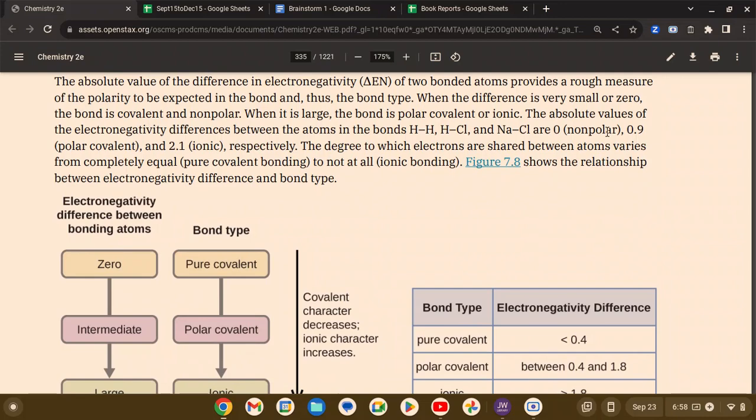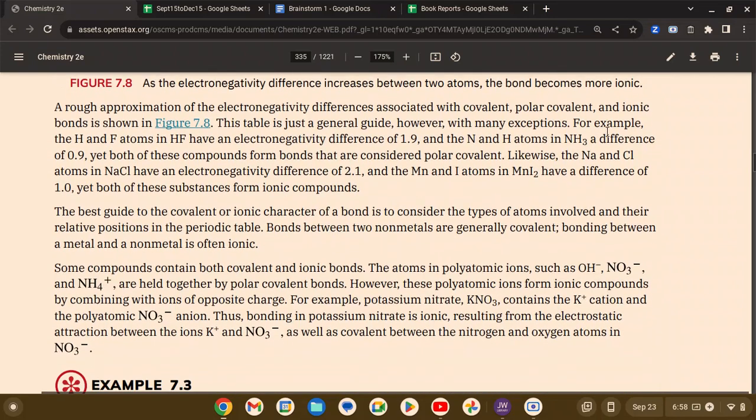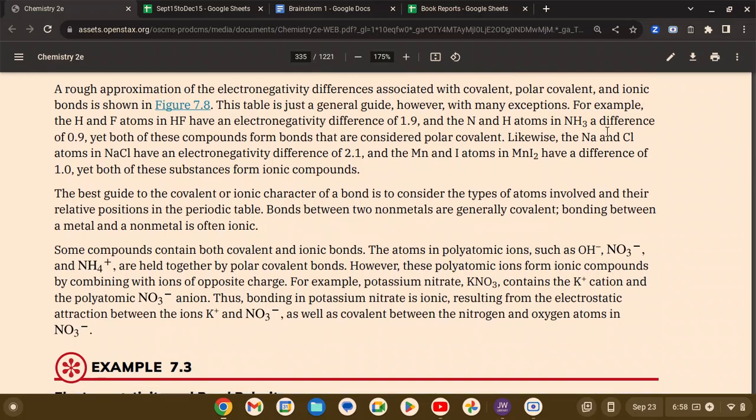Figure 7.8 shows a relationship between electronegativity difference and bond type. A rough approximation of the electronegativity differences associated with covalent, polar covalent, and ionic bonds is shown in Figure 7.8. This table is just a general guide, however, with many exceptions.